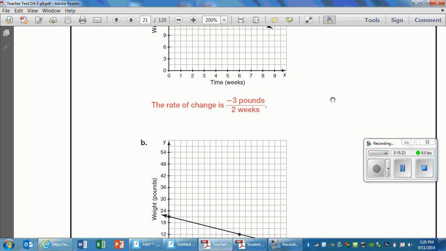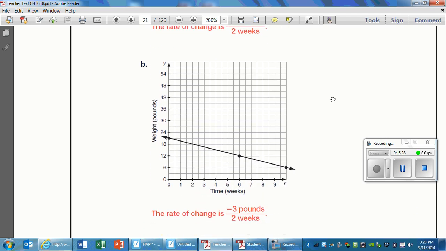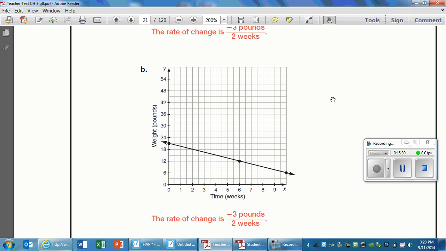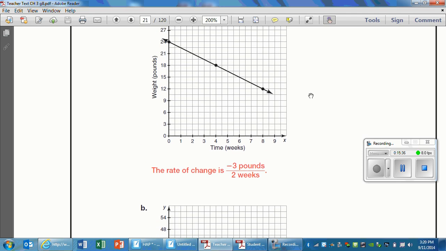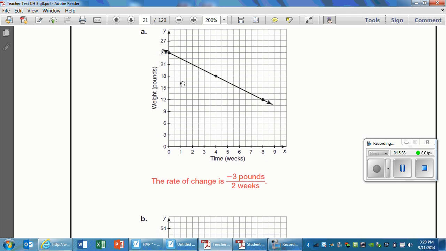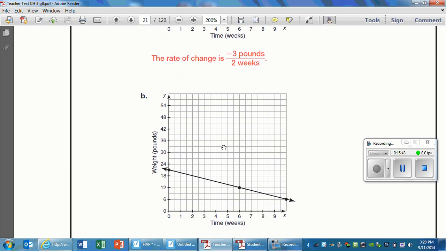On this one, is it the same? And it is, but the graphs look different. So why might the graphs look different, but have the same rate? If we look here, this went to 30, this went to 10, and it was stretched out. This one went to 60, and this one went to 10.